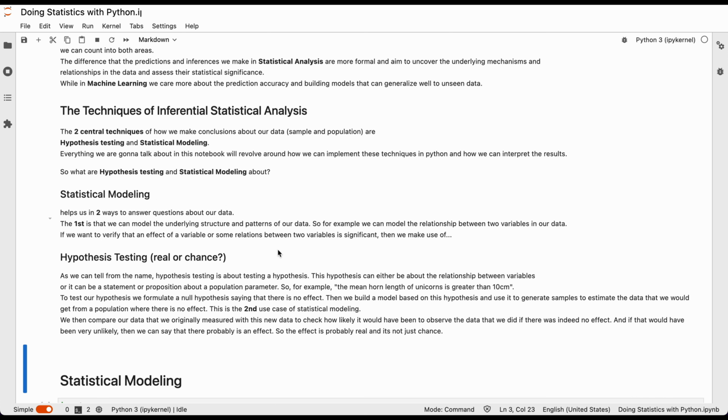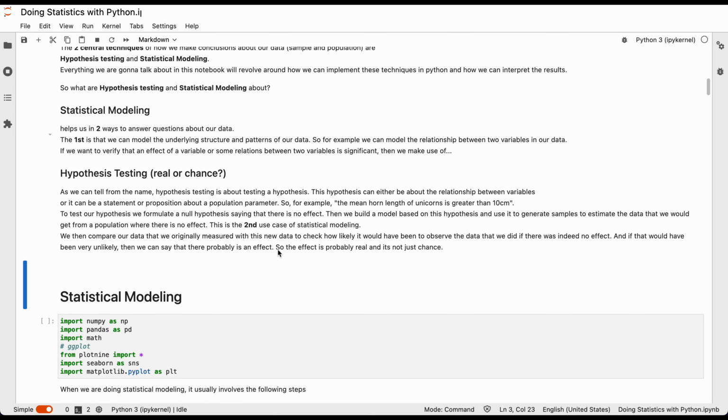And now if we want to verify that an effect of a variable or some relation between two variables is significant, then we can make use of hypothesis testing. And as the name suggests, hypothesis testing is about testing a hypothesis. So this hypothesis can either be about the relationship between variables, or it can be a statement or a proposition about a population parameter. So for example, we could say as a hypothesis that the mean horn length of unicorns is greater than 10 centimeters.